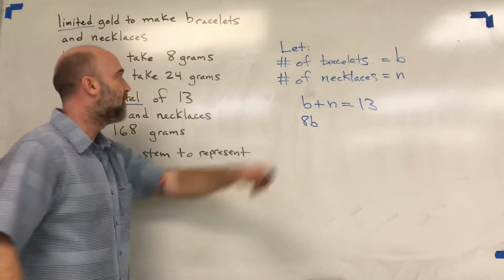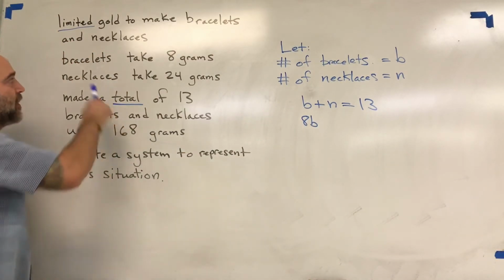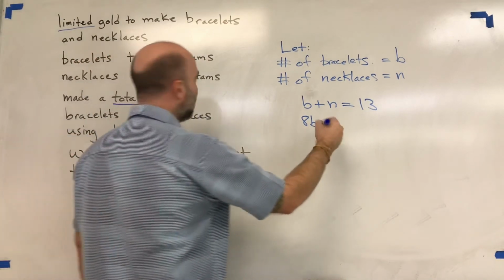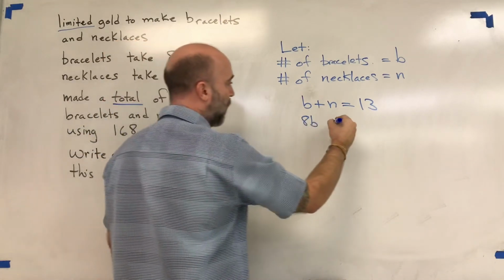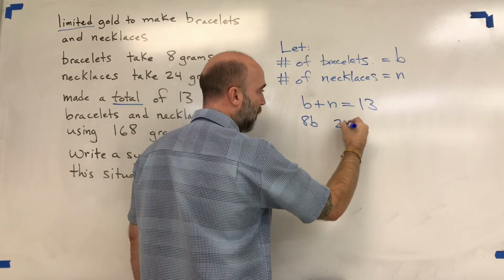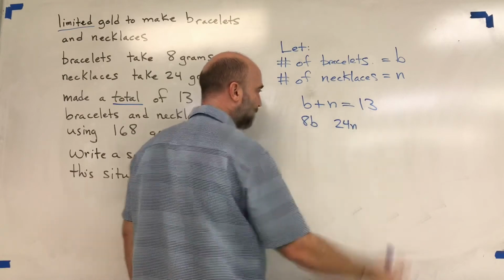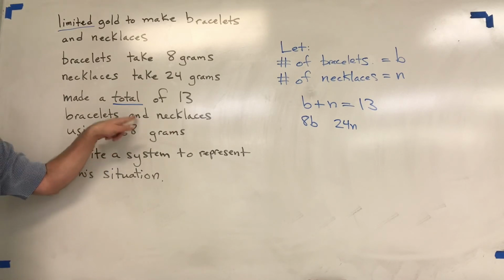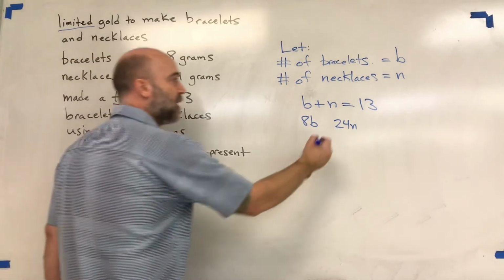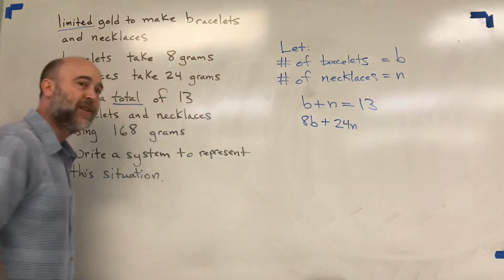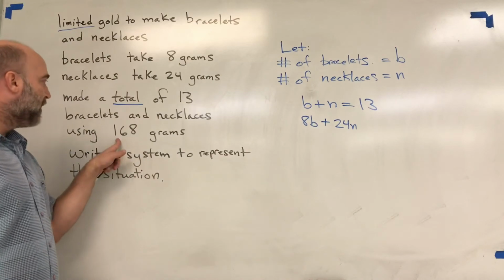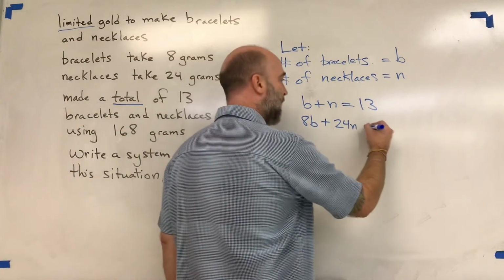Usually we put our numbers in front. Coefficient. So the necklace uses 24 grams each. So 24 grams for the necklace. And the bracelets and necklaces using 168 grams. And means both of them together.